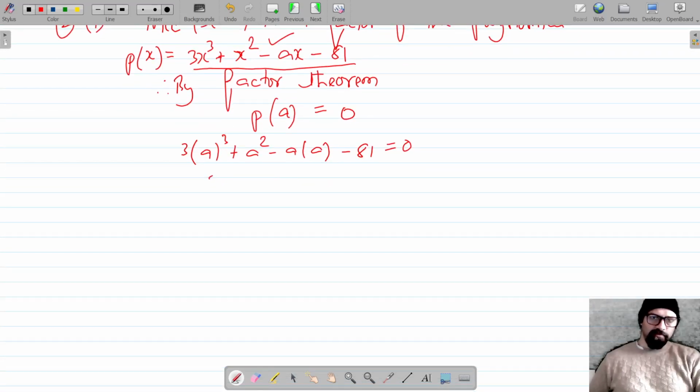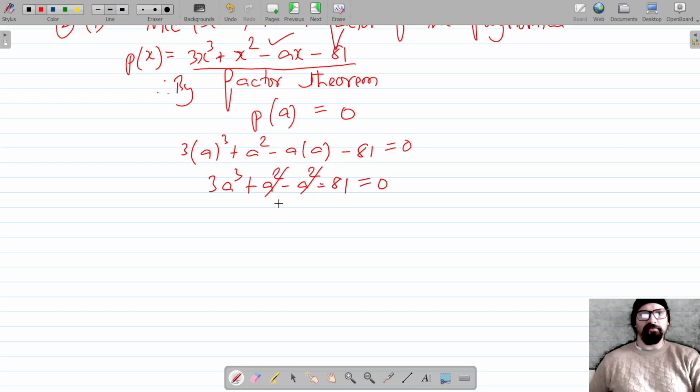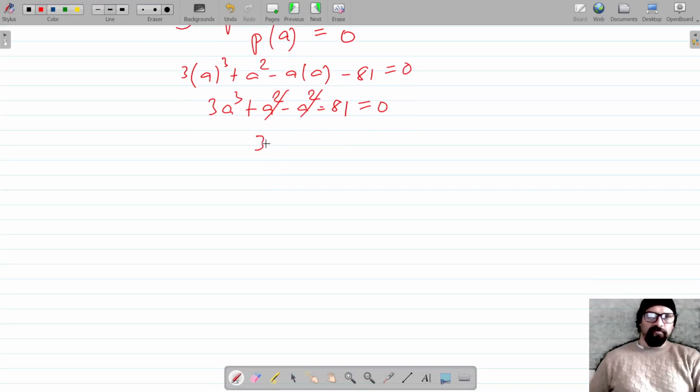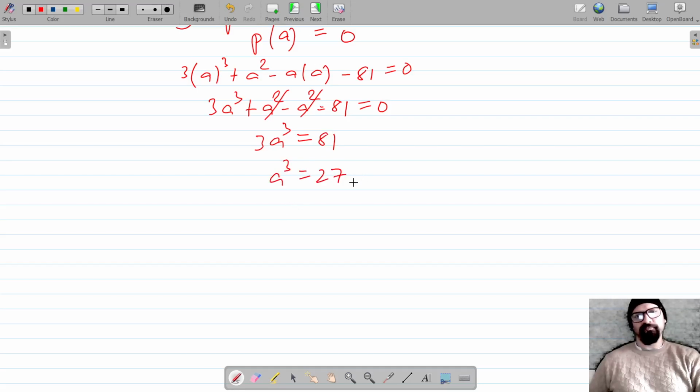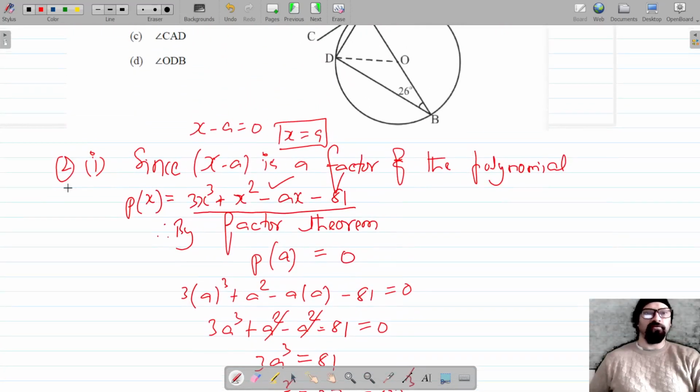So this is 3a cubed plus a square minus a square minus 81 is equal to 0. So this gets cancelled, which gives me 3a cubed is equal to 81 and a cubed is equal to 27. So 27 is 3's cube, which gives me a is equal to 3. So a is equal to 3 is the answer for the first part.